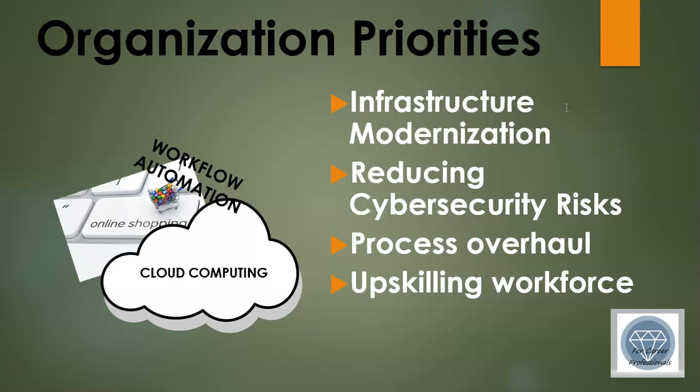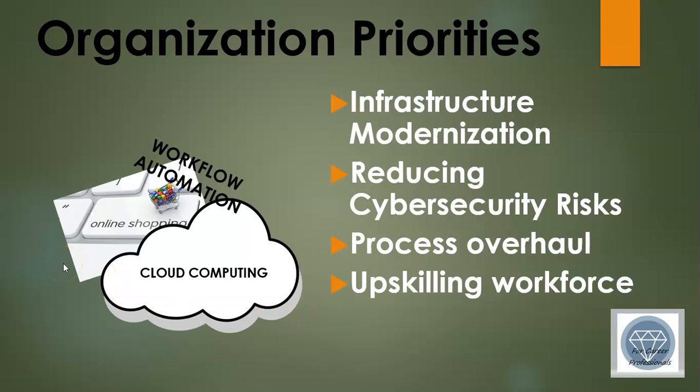You may also be looking to do a process overhaul. You might be looking to modernize systems. You might be looking to remove duplicate systems with redundant applications, and also you may be looking to upskill the existing workforce.